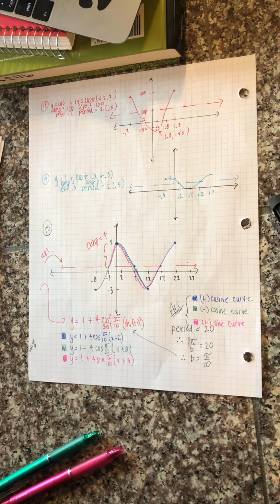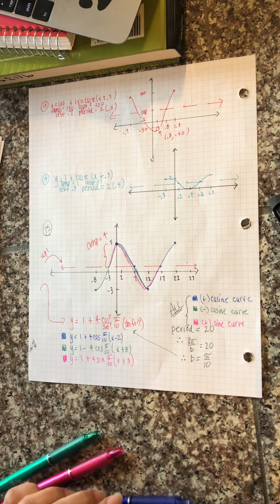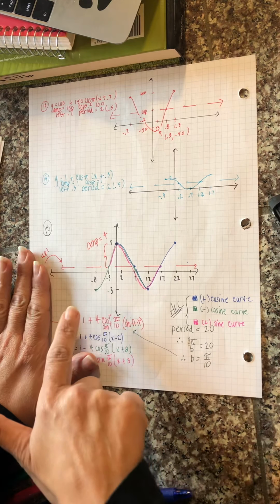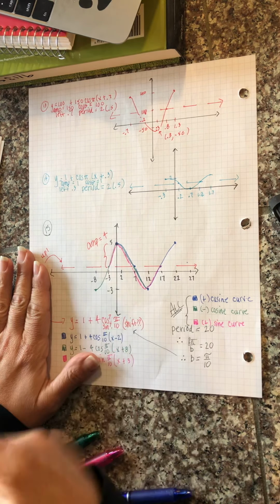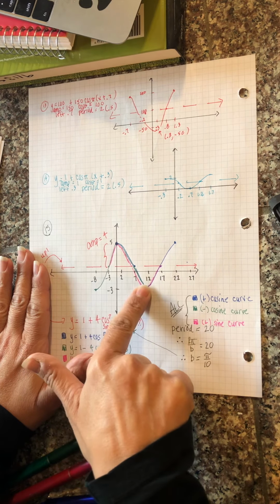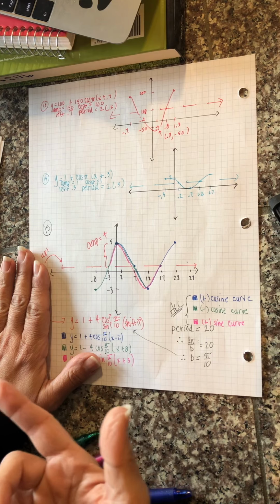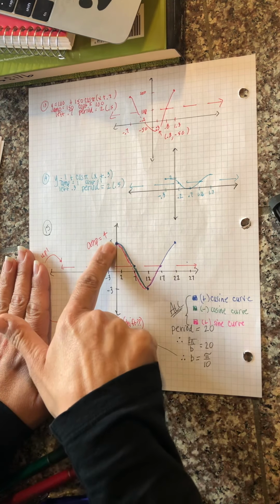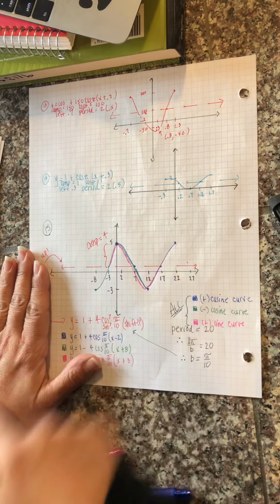Okay, so the rest of this is how do you figure out the period, how do you figure out the phase shift, etc. There are 4 ways that you can write a trig curve. You could write this as a reflected cosine curve. It starts at the bottom, goes up, and comes down. You can write it as a regular old cosine curve, which starts at the high point, goes down, and comes back up.